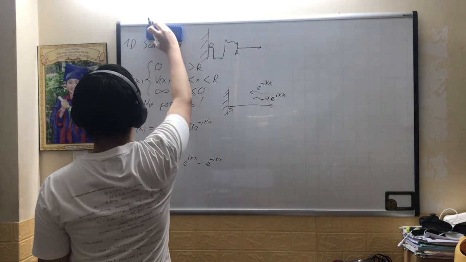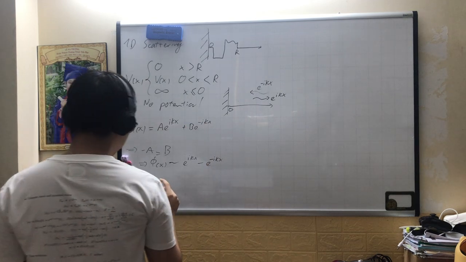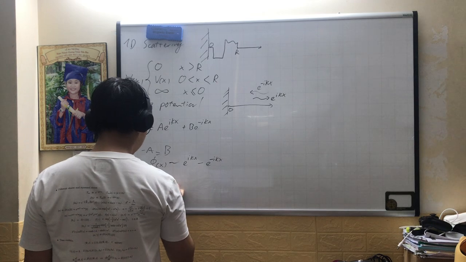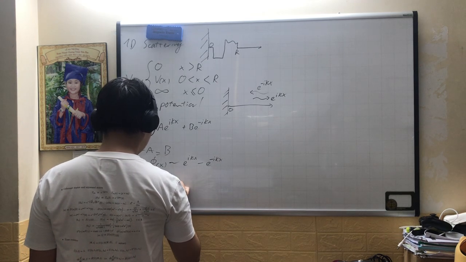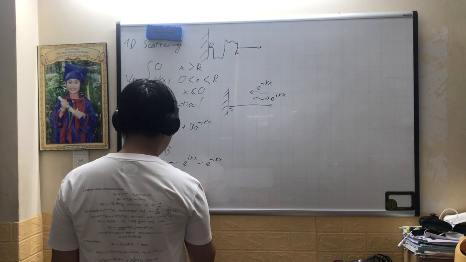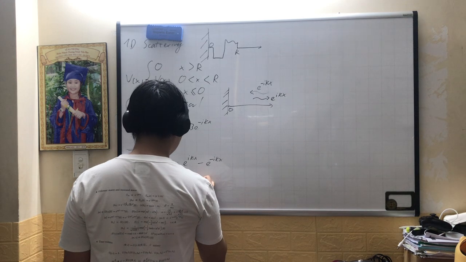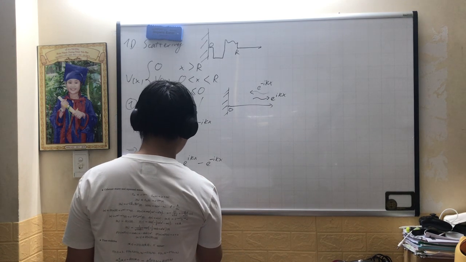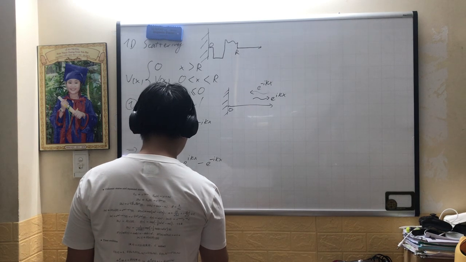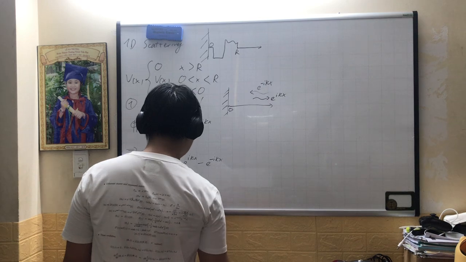When you divide it by 2i, you split it out and you get two wave functions in two regions, phi_1 of x and phi_2 of x. The first one is e^{-ikx} over 2i. The other one is e^{ikx} over 2i.